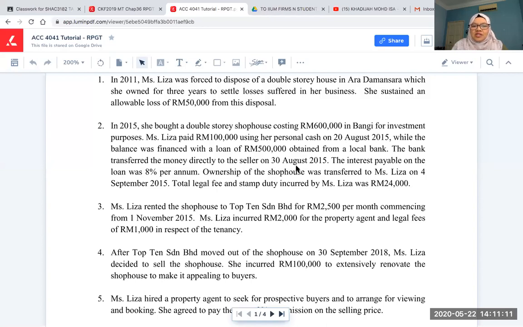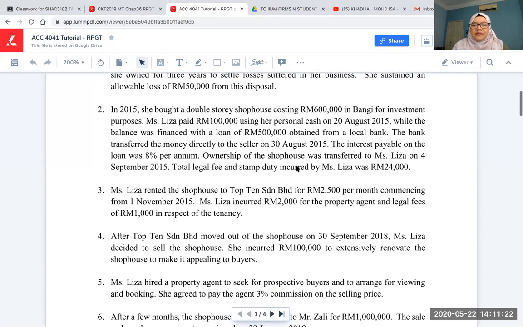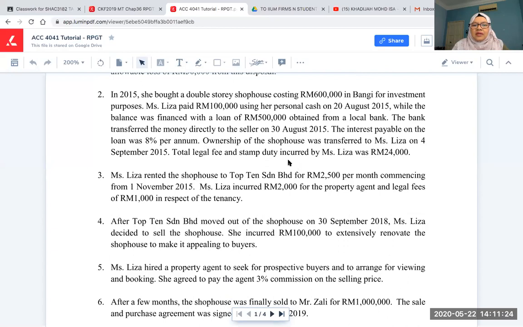Then you have an interest payable, and the ownership transferred to Liza on 4th of September. So you have to know how to determine the acquisition date. Is it the date that you transferred the ownership, or the date that you made full payment, in this case the 30th of August?